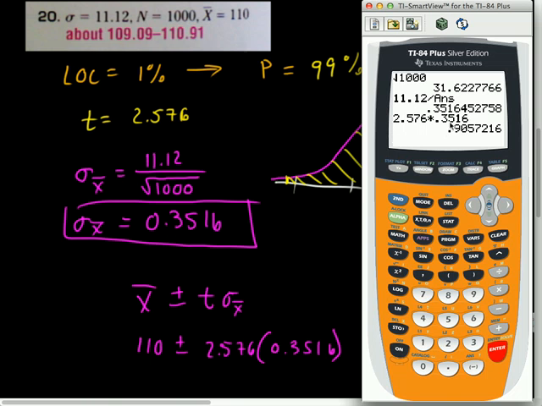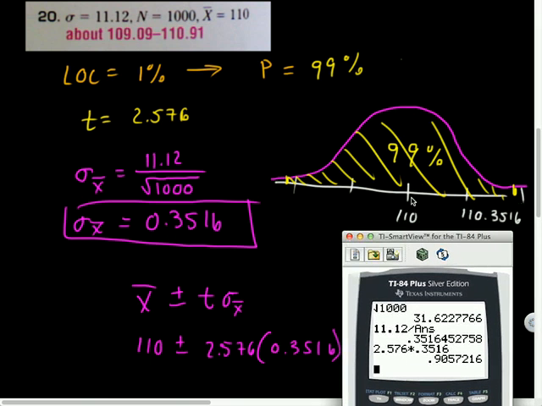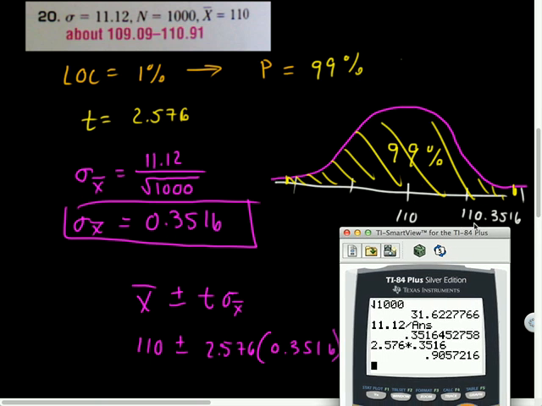So what does this 0.9 represent? What is it measured in? Well, standard deviations was the 2.576. 0.905 and so on is the number of units above and below the mean. So this is measured in units. All right, so 0.9057, I guess.